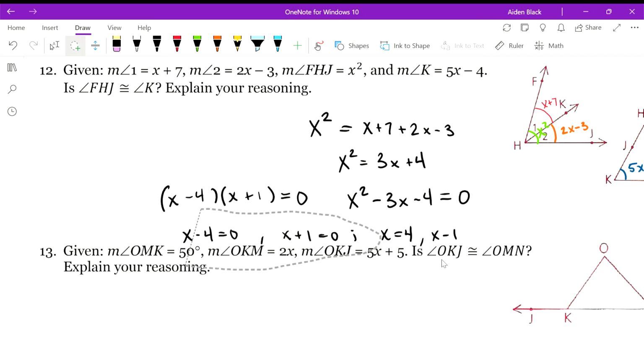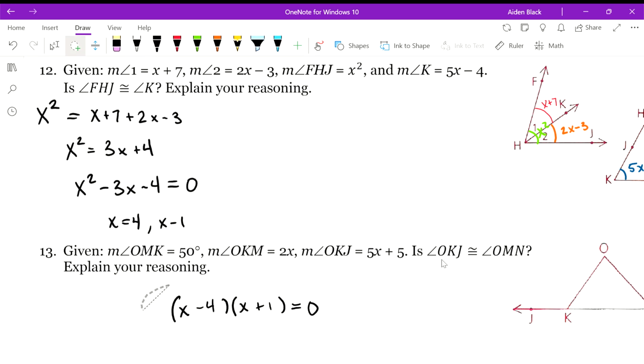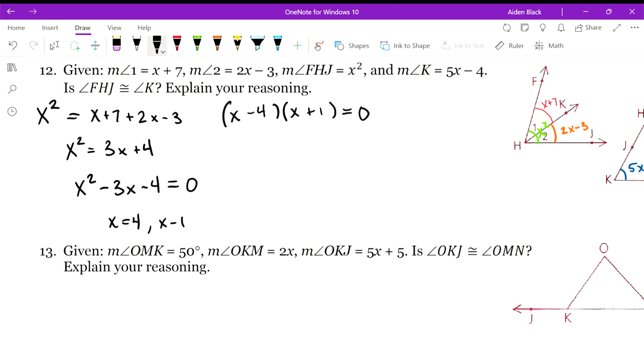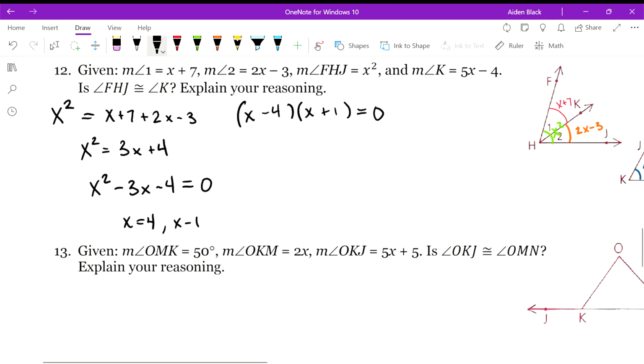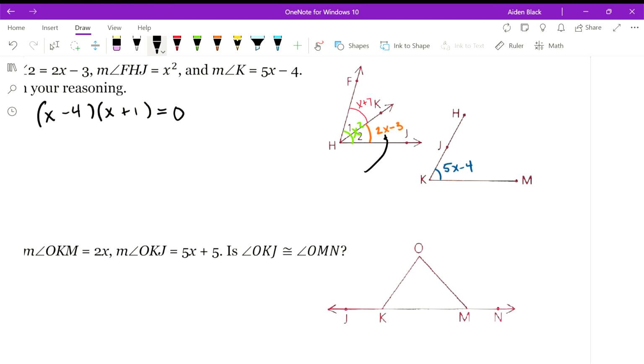Right, so I'm going to erase all this. Move that over there. Okay, so now we have two solutions. You'll notice that if you plug in, let's say, -1 into this one, we would get -2 minus 3, which equals -5.